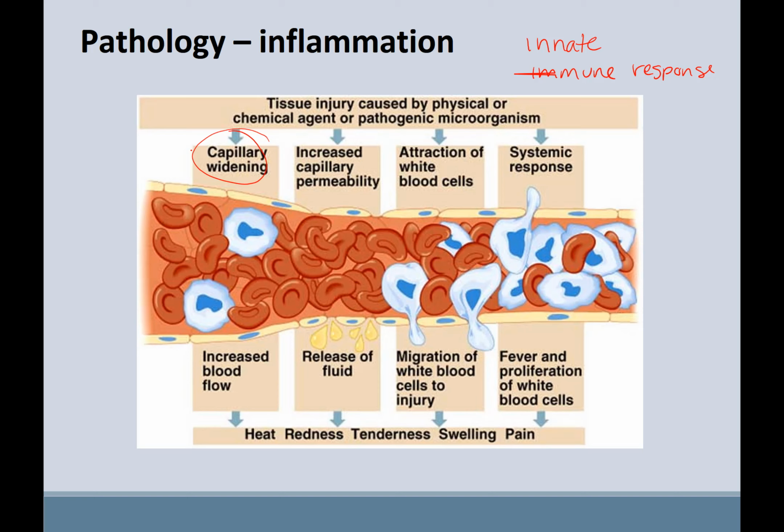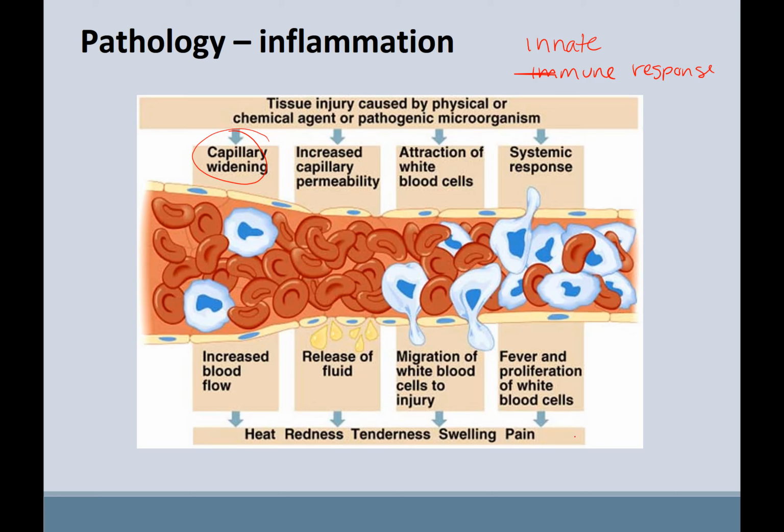So the goal of inflammation is to get the immune cells to where they need to fight the pathogen, or sometimes inflammation is due to just an injury. So it's there to help heal, get rid of any dead tissue. So inflammation is a very common immune response to lots of different things.